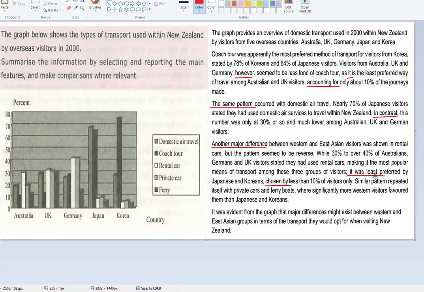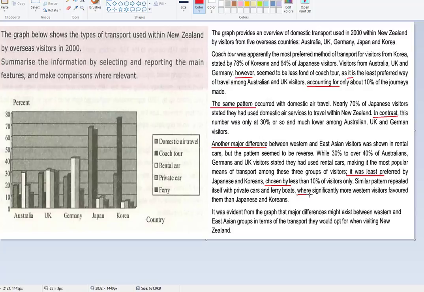See this sentence: it was least preferred by Japanese and Koreans, chosen by less than 10% of visitors only. It just flows, these two clauses flow into each other very nicely. Similar pattern repeated. Seems to be an article missing there, but okay.